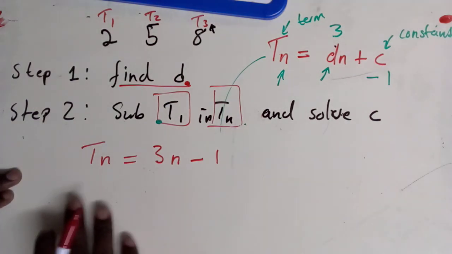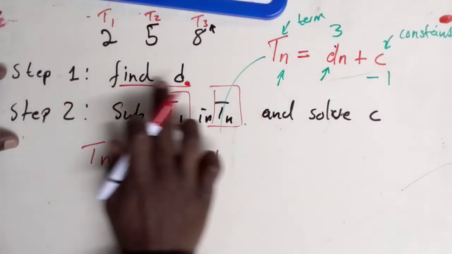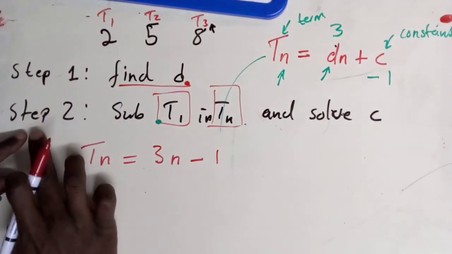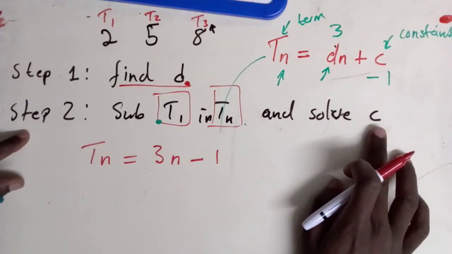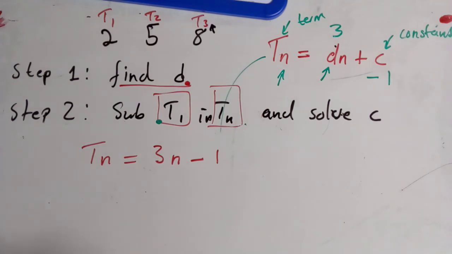Now you found your general term. I said to you there are many steps. I lied. It's only 2. First step, you find the difference. Second step, you substitute the first term and solve for c. If you do not understand what I just did, rewatch the video. It's free to do so.